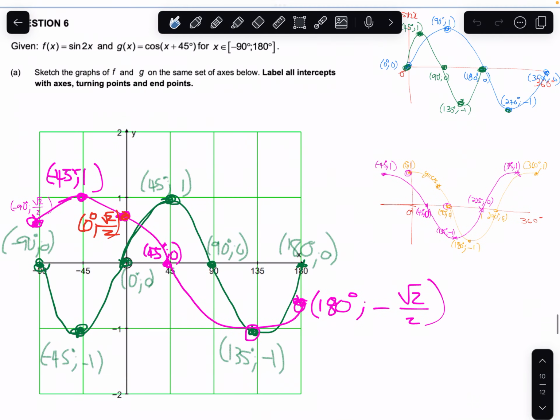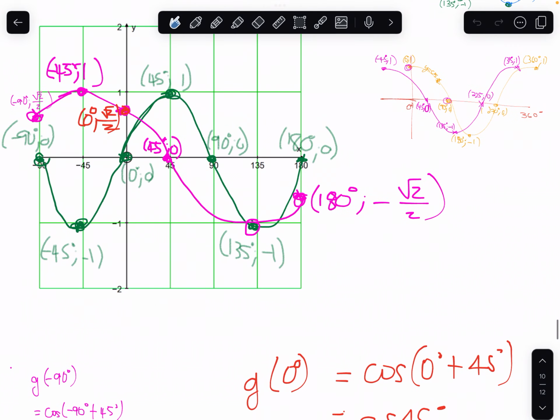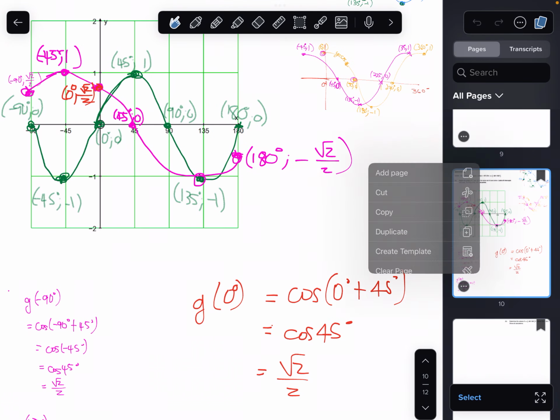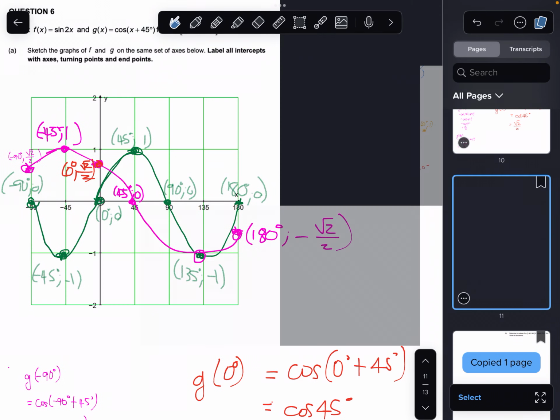I agree. Let's just pretend that didn't even happen. Okay, so let's just then duplicate the page.